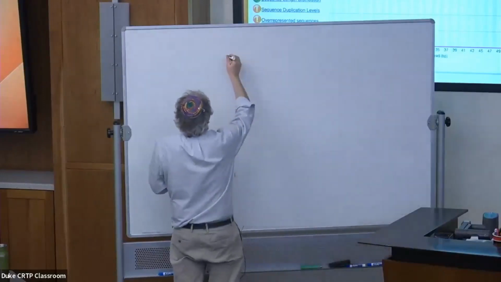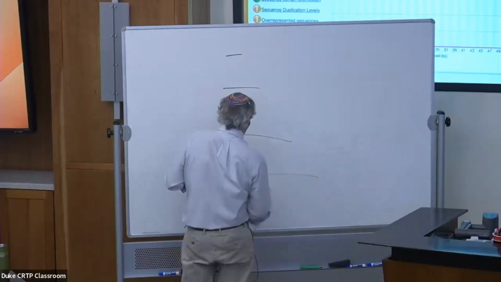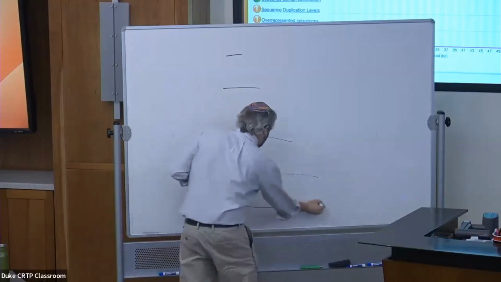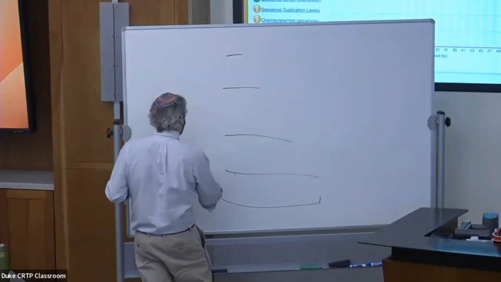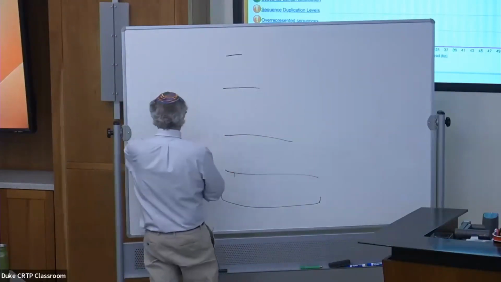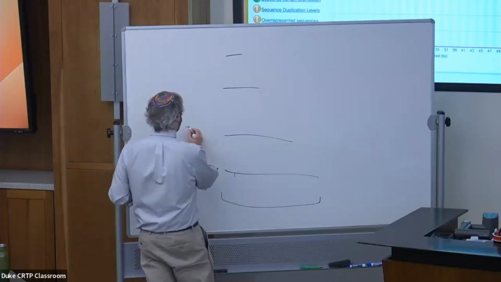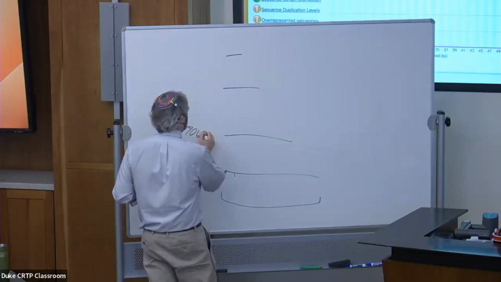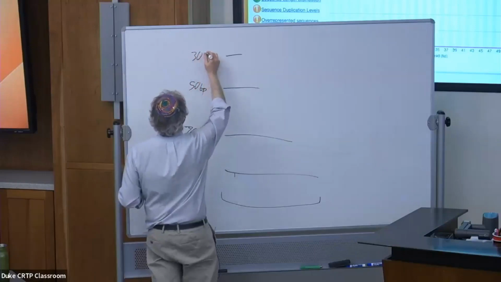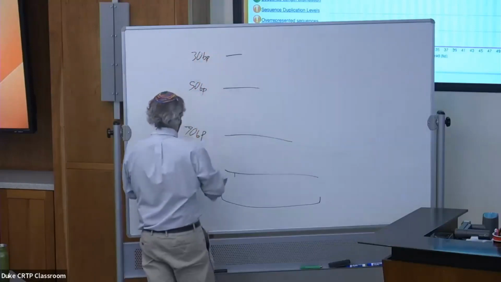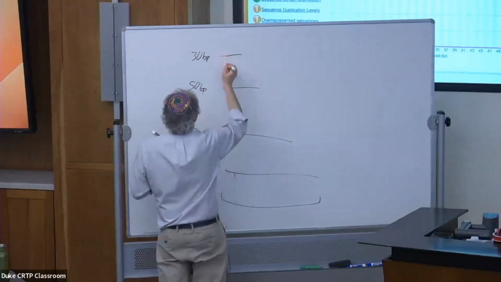So let's say we have, here, that's 500 base pairs. This is not to scale, but let's say this is 70 base pairs. This is 50 base pairs. And this is 30 base pairs. We've got our adapter.